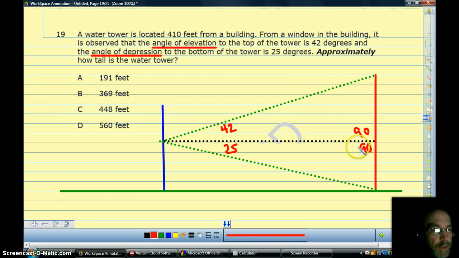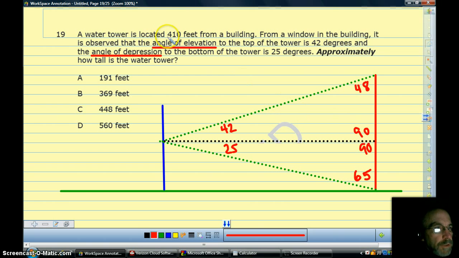So 90 plus 25 is 115, which means this has to be 65 degrees. 90 plus 42 is 132, which means this has to be 48 degrees. Just subtracting the two together from 180.